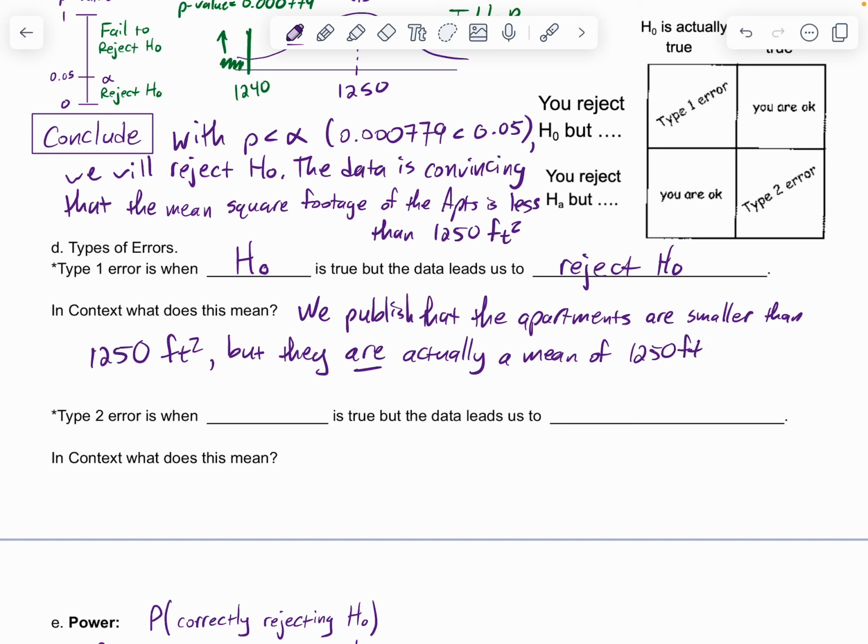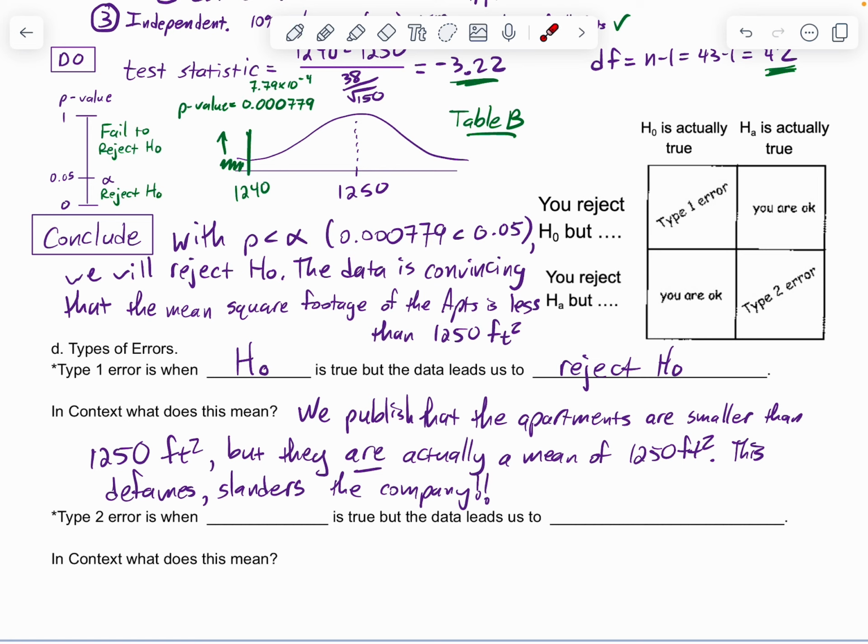Now, what does that do to the company, right? This has consequences. This defames, I don't know if that's the right word, or slanders the company, right? They're going to get a bad reputation, wrongfully so. Okay, they might sue you. And in this chart, type 1 error happens in this box. You rejected the null, but the null was actually true right there.